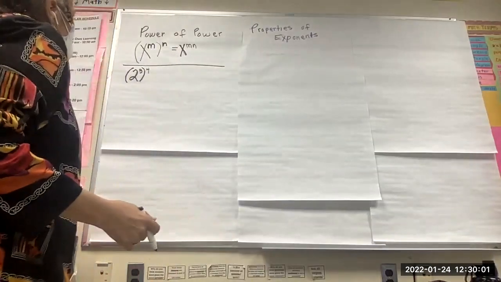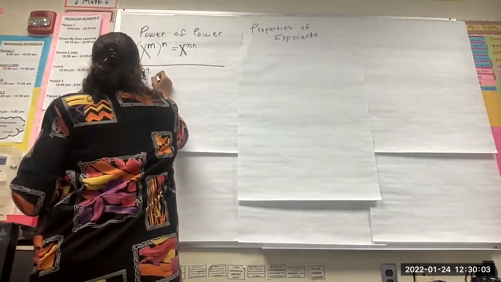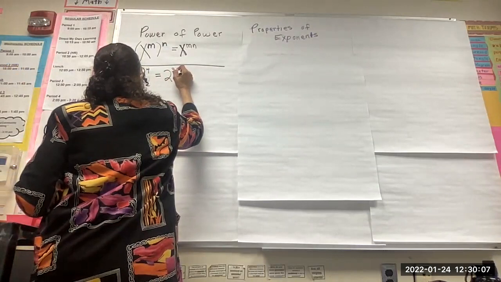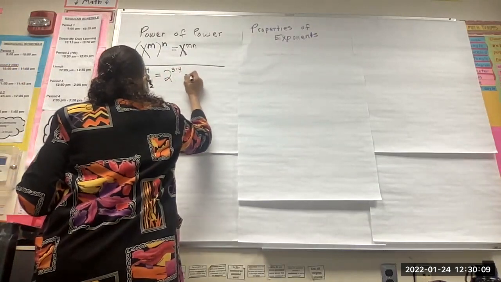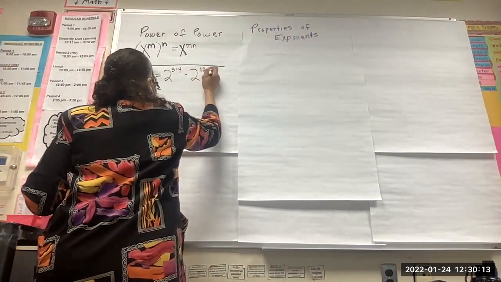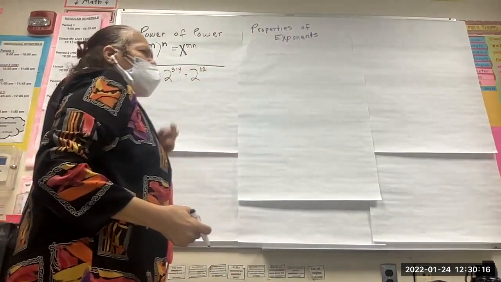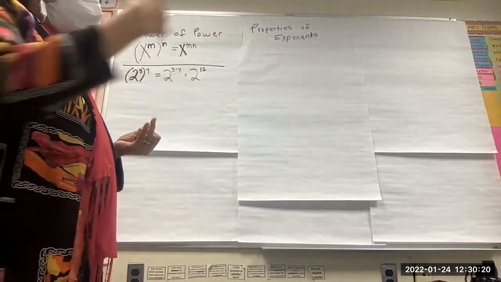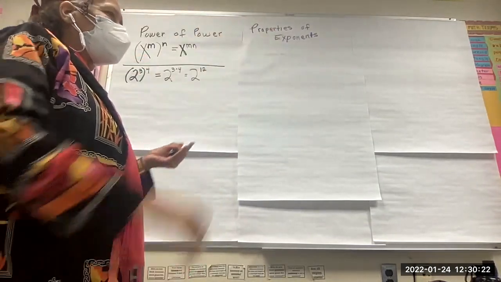That's going to be real powerful. So that's going to give me 2 to the power of 3 times 4, which is 2 to the power of 12. And 2 to the power of 12 is a really big number.